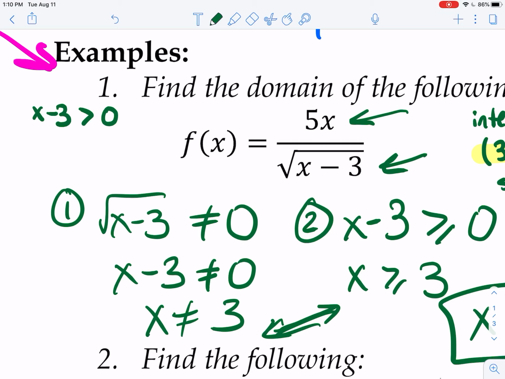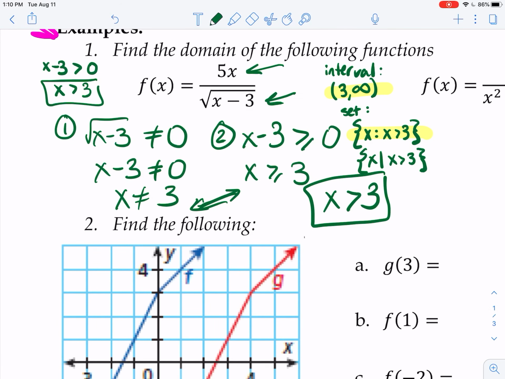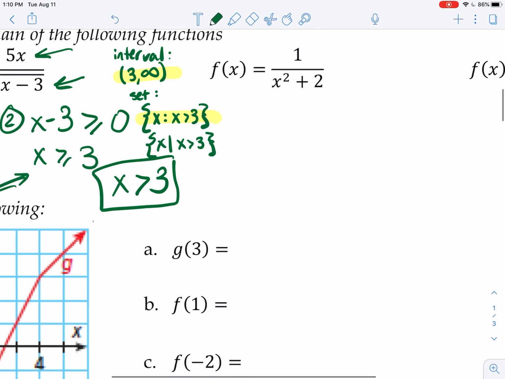If it's equal to 0, then I'm dividing by 0. I'm not Chuck Norris. I can't divide by 0. So then we would just add 3 and say that x is greater than 3. I don't necessarily consider those two rules separately. Hopefully that made sense.